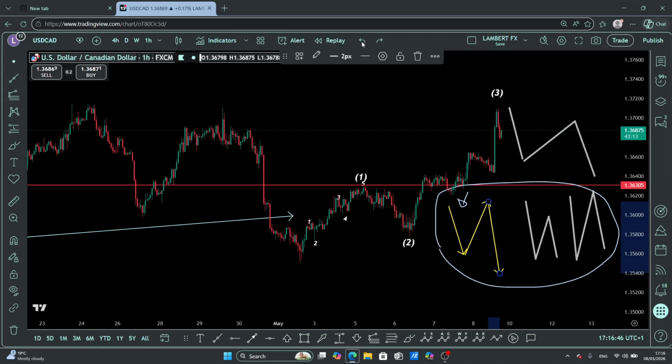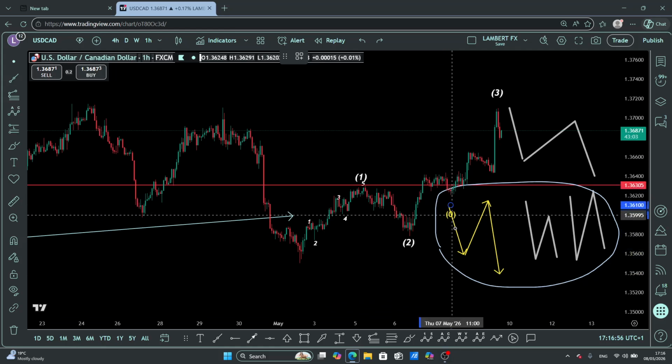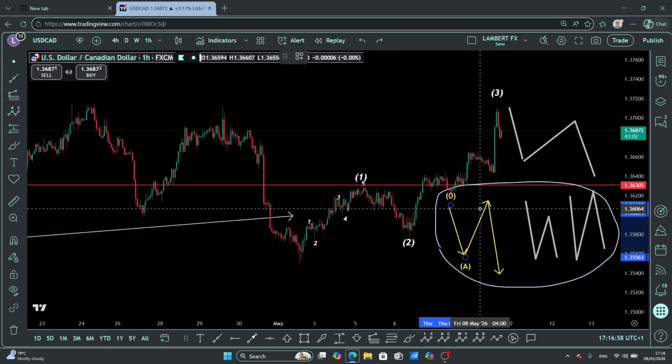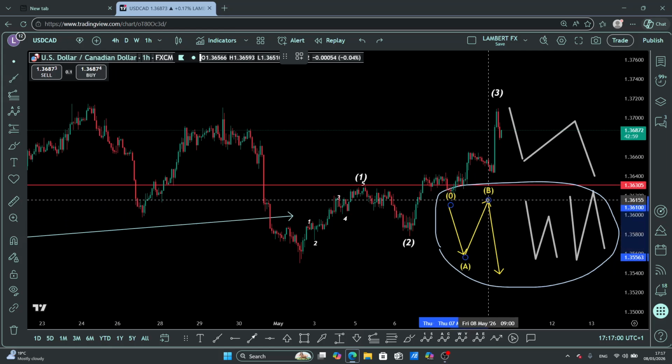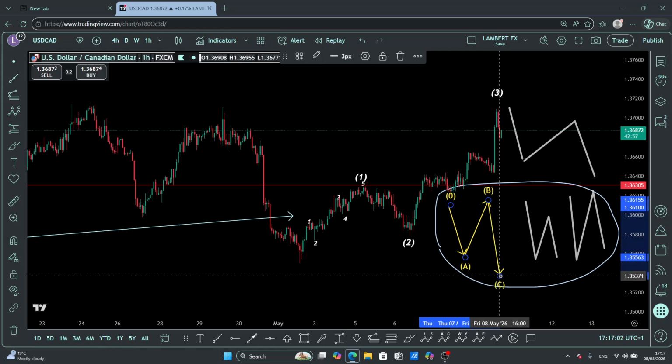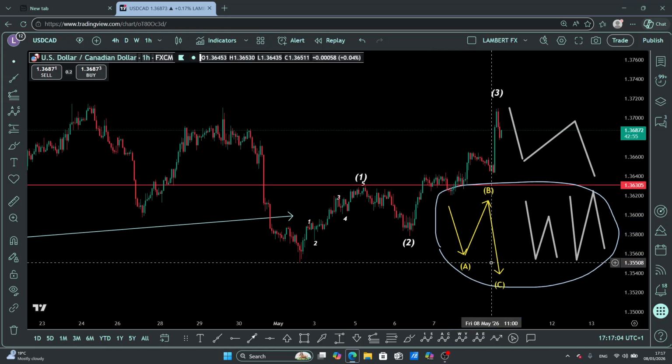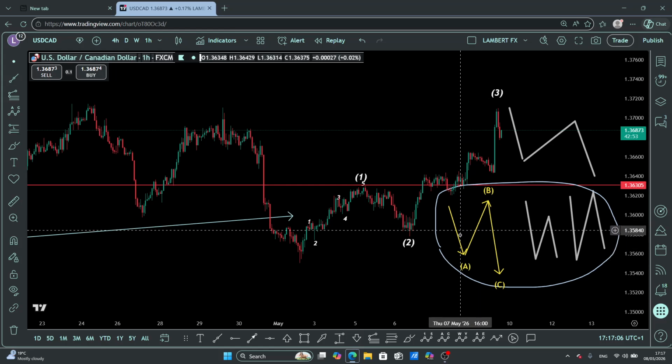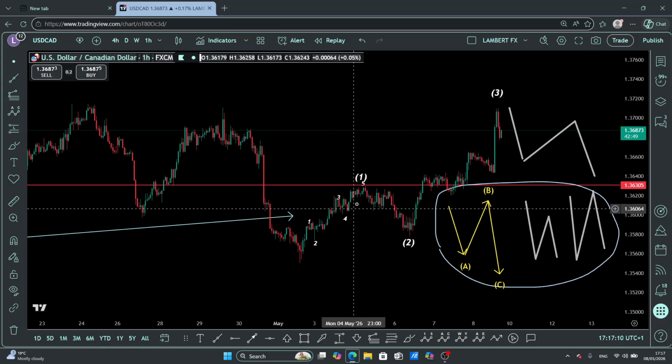I hope you understand that explanation. So this would then be your A in 3 legs, B in 3 legs, and your C in 5 legs down. So this is your correction. You can find this in your second leg.